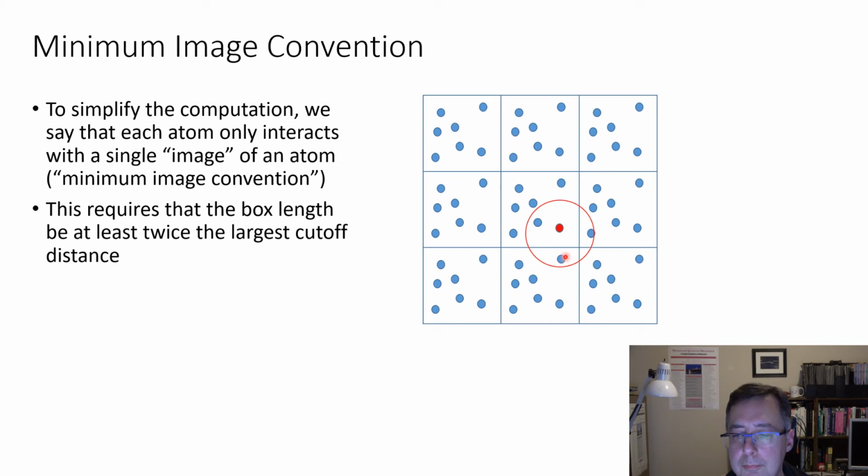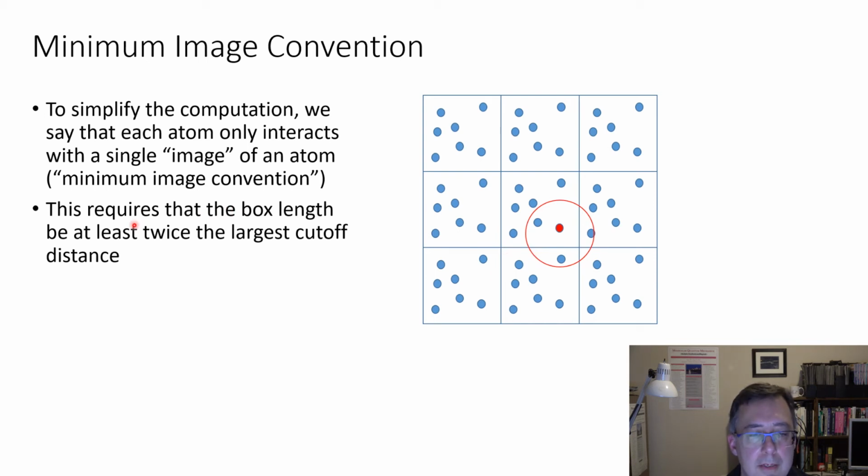So, for example, this blue one here is the same as this blue one here. And in the minimum image convention, you say that, well, this guy already sees this one, and this one is just an image of that one, so I only include those guys once and not all their replicated pairs everywhere.